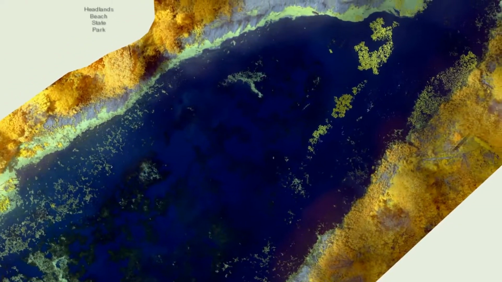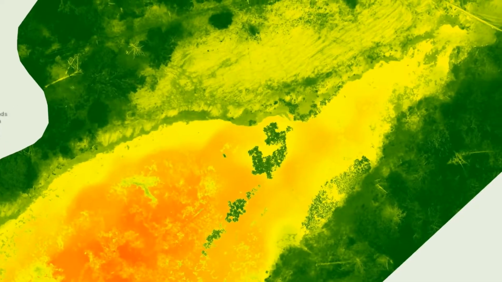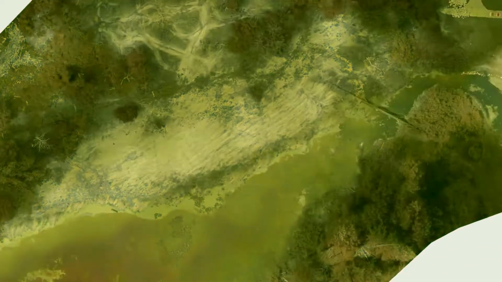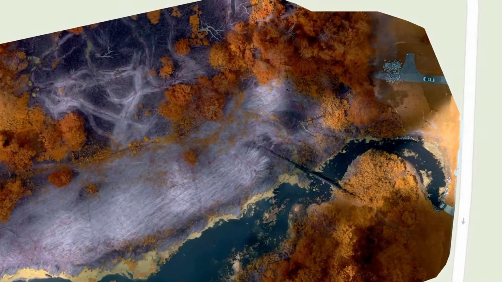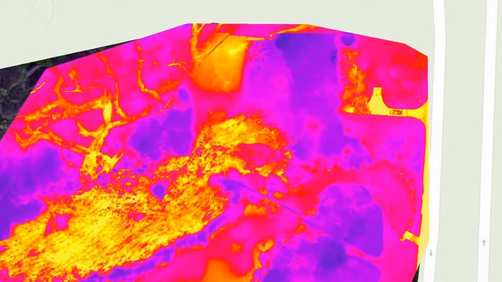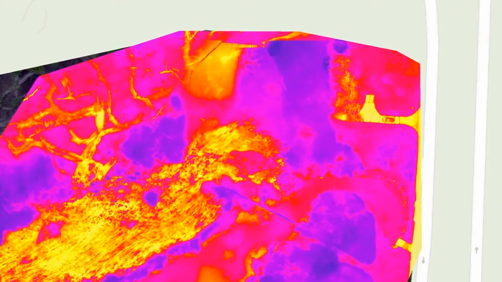The UAV can fly about 400 feet above the ground and apply a multispectral sensor combined with thermal cameras. Those sensors can detect a lot of things human eyes cannot see and delineate the wetland precisely and timely.